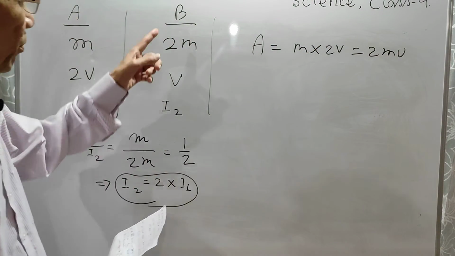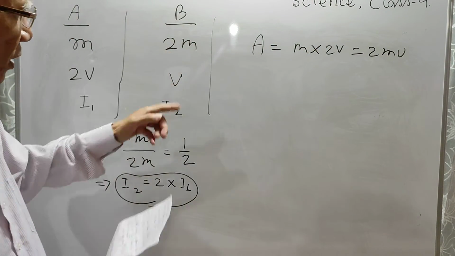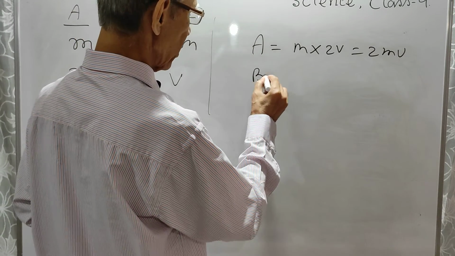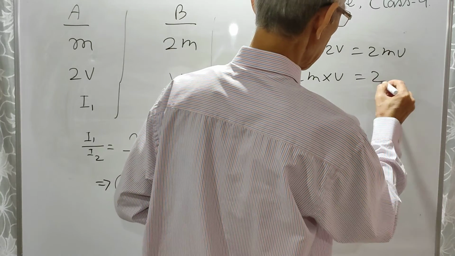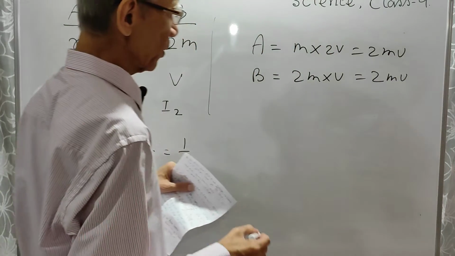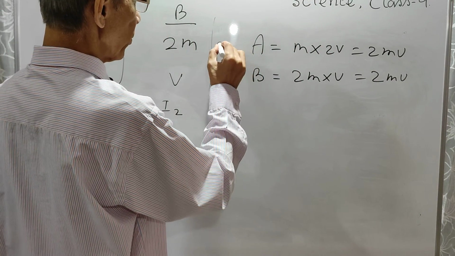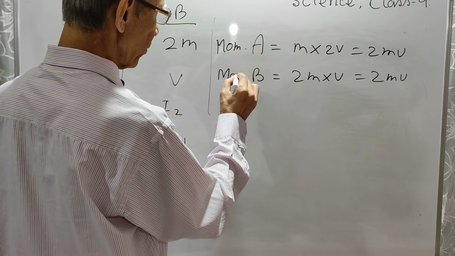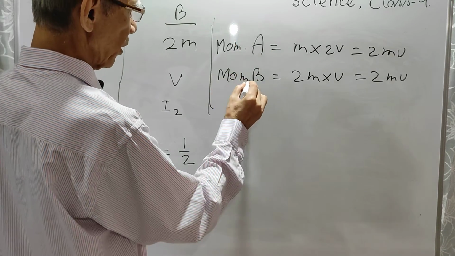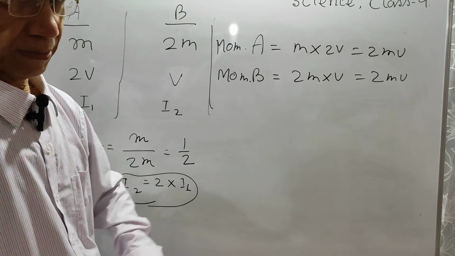And what is the momentum of B? Mass into velocity, twice m into v. So momentum of B is twice mv. So this is the momentum of A and this is the momentum of B. They are equal, isn't it?